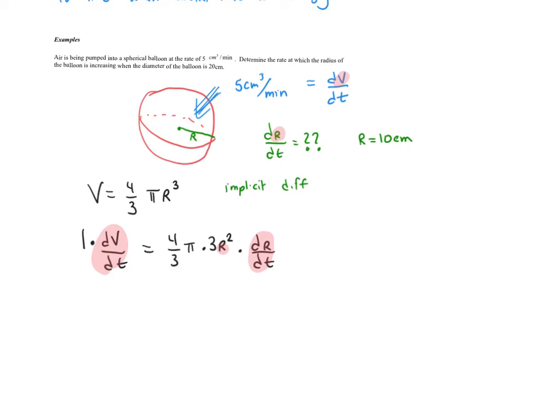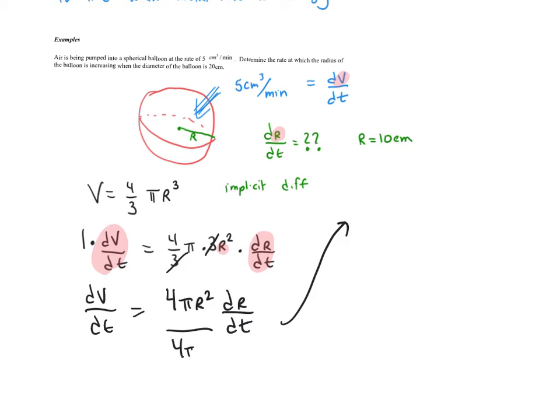So like I said, the hardest part is getting that initial equation. So I know dV/dt, I can cancel these 3's out, is going to equal 4 pi r squared dr/dt. And since we're trying to find dr/dt, I'm just going to divide both sides by 4 pi r squared.